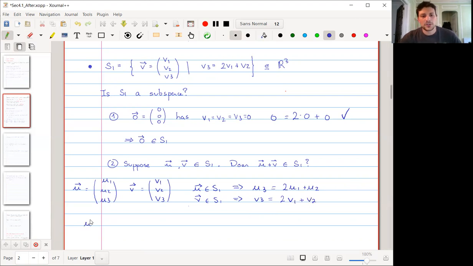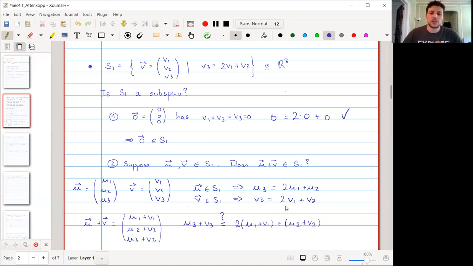Now, let's wonder about u plus v. This vector has entries u1 plus v1, u2 plus v2, u3 plus v3. And what we want to understand is whether this relation is satisfied: we wonder whether u3 plus v3 is equal to twice (u1 plus v1) plus (u2 plus v2).